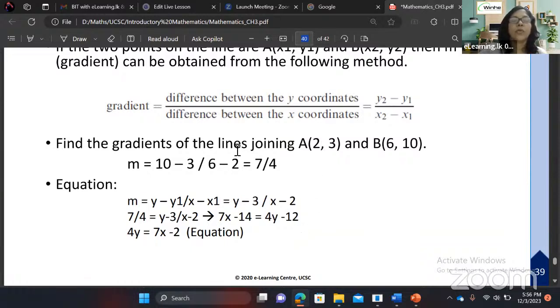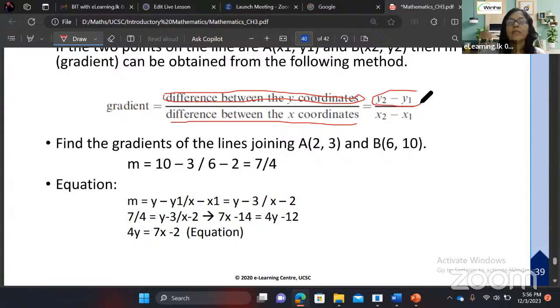If you have two coordinates, gradient is equivalent to the difference between y coordinates over the difference between x coordinates, right? So you can take the difference between y coordinates and the difference between x coordinates. According to that, you can find the gradient of a straight line, right?